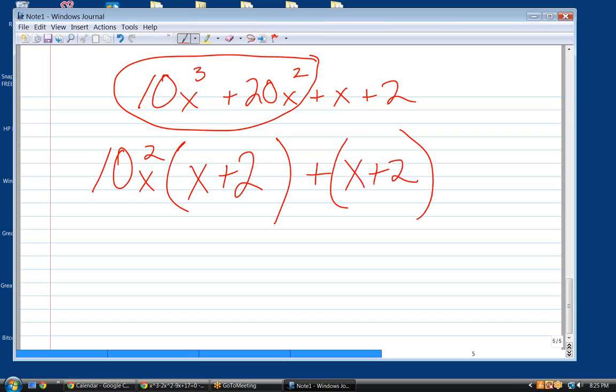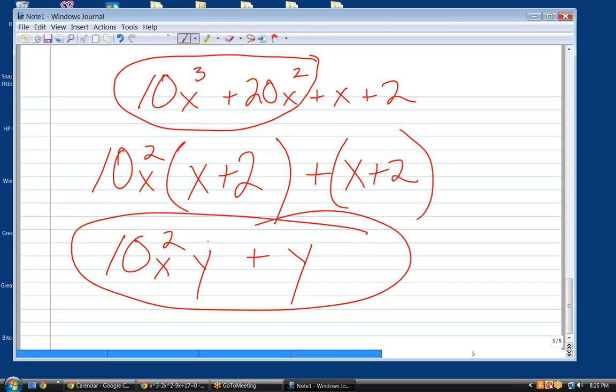Now, if this was a single term called y, you would have no problem with factoring it out, right? In other words, if I gave you this problem, can you factor that? Yeah. What's it factor to?